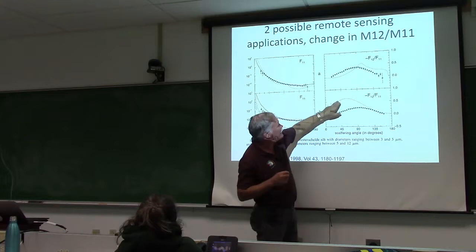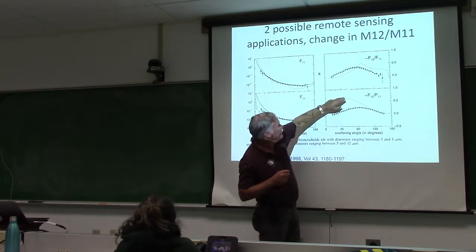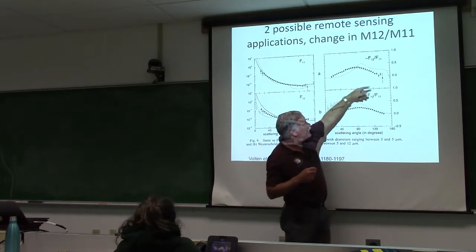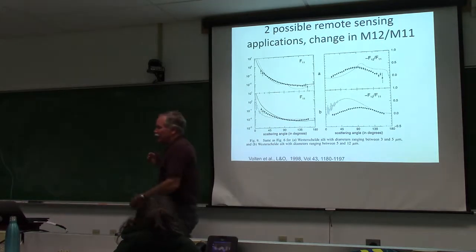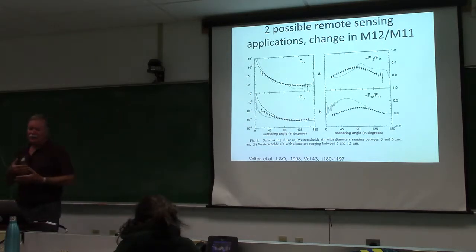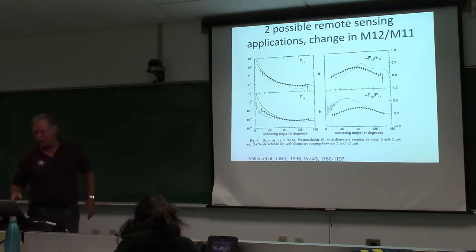But you can see things that have a maximum at different angles. So the idea was that by looking at the remote sensing signal, you could tell these different properties of the particles in the water.